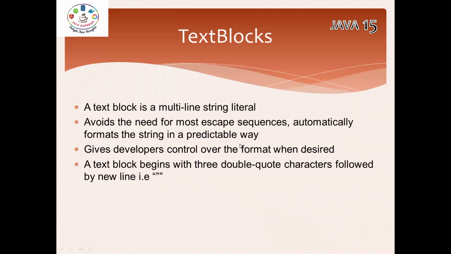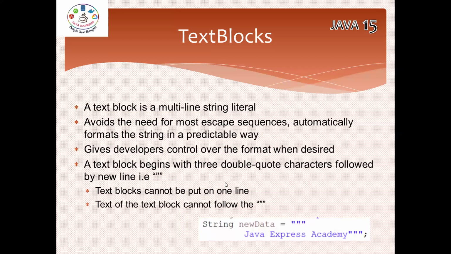Okay, how can you define a text block? We have rules; however you want, you cannot define it. The text block begins with three double quote characters, starting and ending. Whenever you define a text block, the three double quotes must be followed by a new line, so you should not keep it in a single line, you should keep it in two lines.